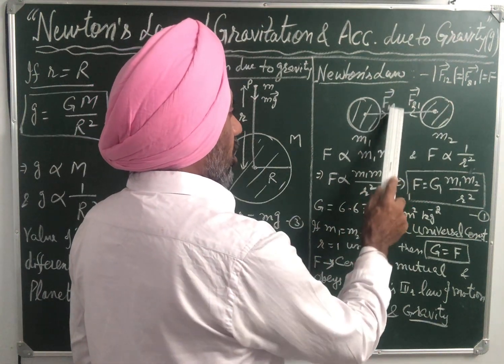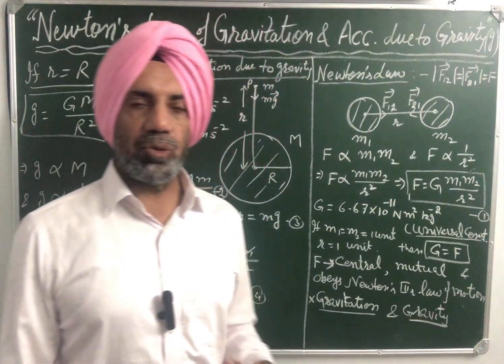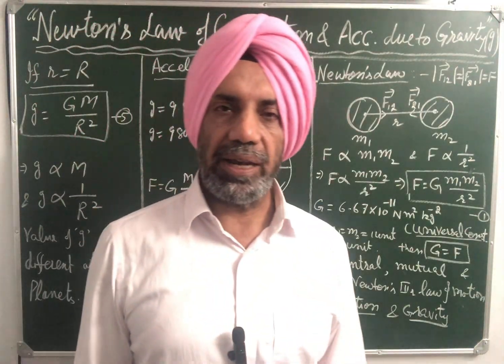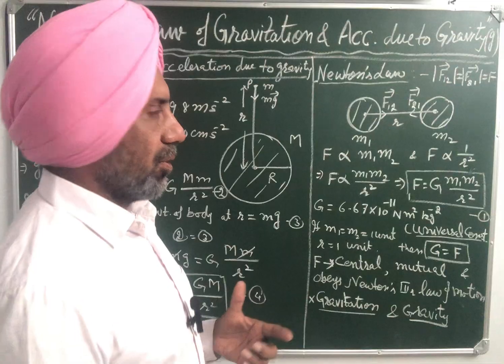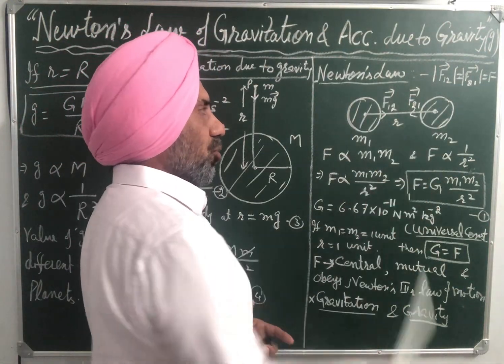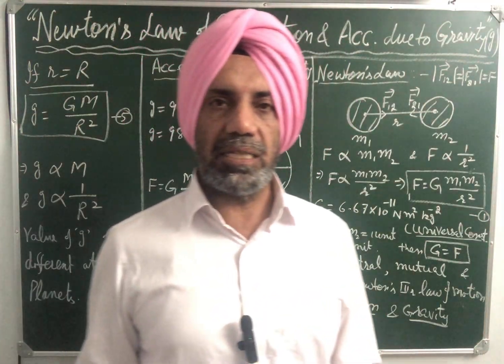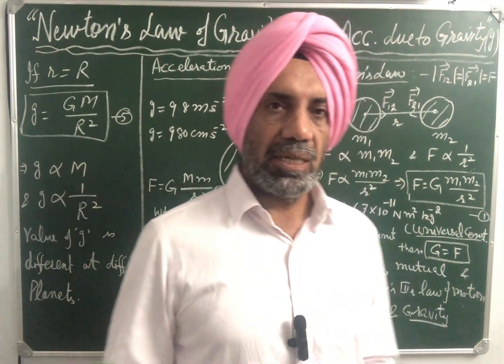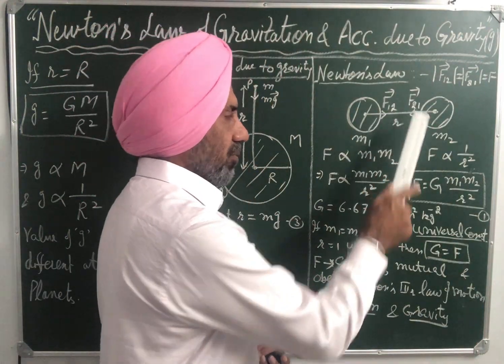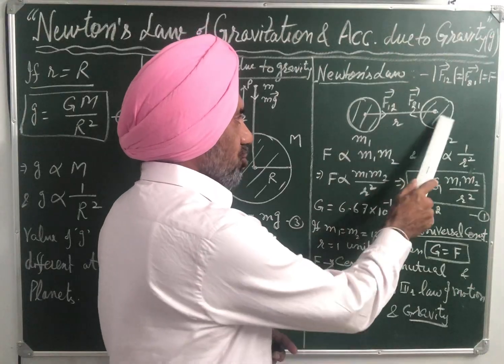Moreover, F12 mod is equal to F21 mod is equal to F. So the magnitude of the two forces remains the same for a given pair of bodies. So it means this force is a central force because it acts along the line joining the two masses towards the center of mass. And moreover, this force is mutual.